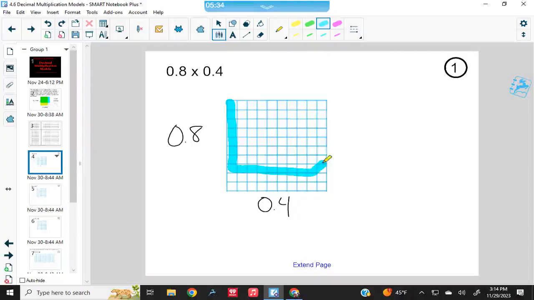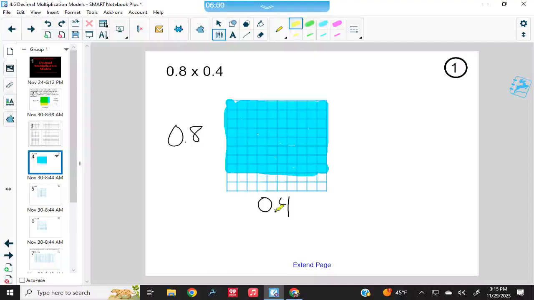So I'm going to color all of those in. Now I'm going to use my yellow again. So now I have 0.4. 1, 2, 3, 4. And I'm going to go all the way up. So now I have 4/10.